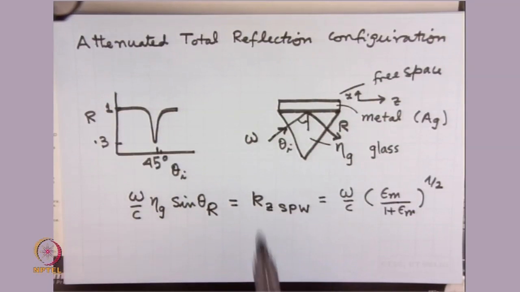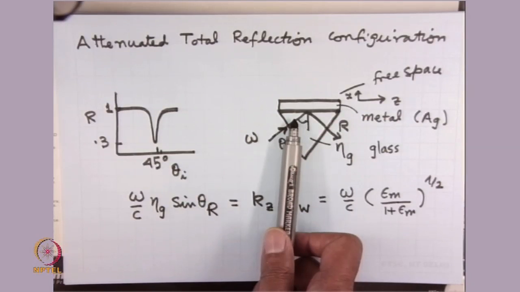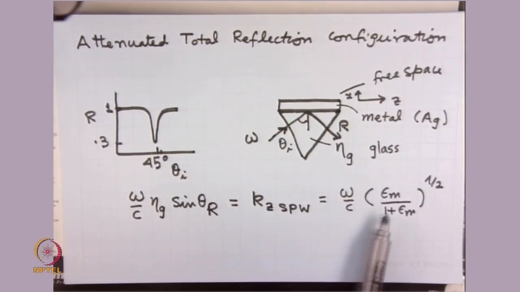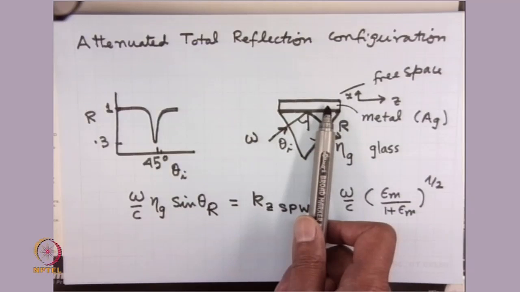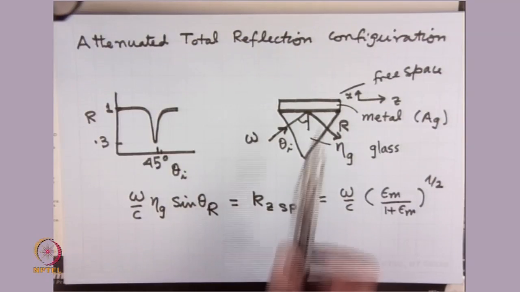Something very spectacular occurs when the horizontal component of the laser wave vector in the glass equals the wave vector of the surface plasma wave. Then there is a severe reduction.